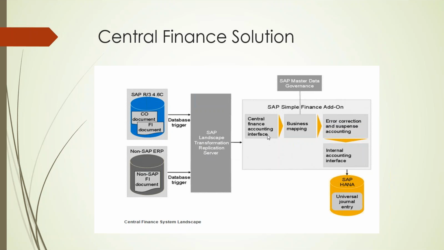So everything, Central Finance Accounting Interface, Business Mapping, goes through the Universal Journal Entry into the SAP HANA database. So the Central Finance System is mainly used where there is a very complicated structure and you do not want to touch anything. You just want to do the reporting.